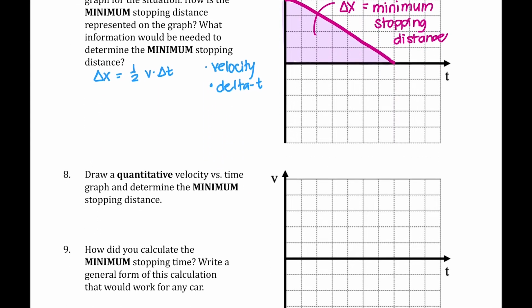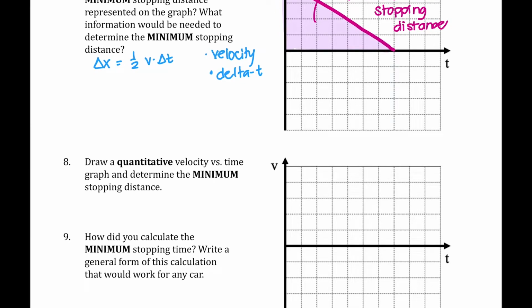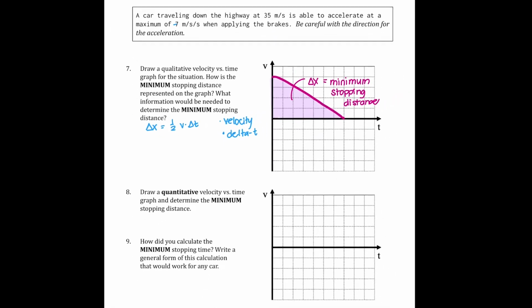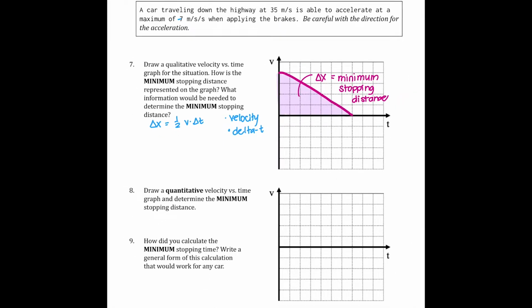And so now we're going to draw the quantitative version. All right, and so our car was traveling down the highway at 35 meters per second. So I think I'm going to choose to go by tens again. And I'll go by ones. 1, 2, 3, 4, 5, 6.